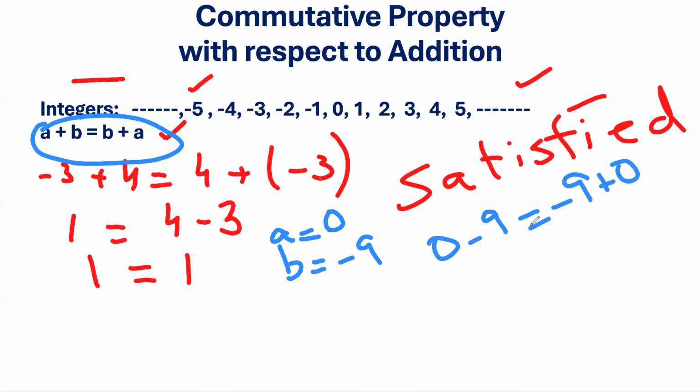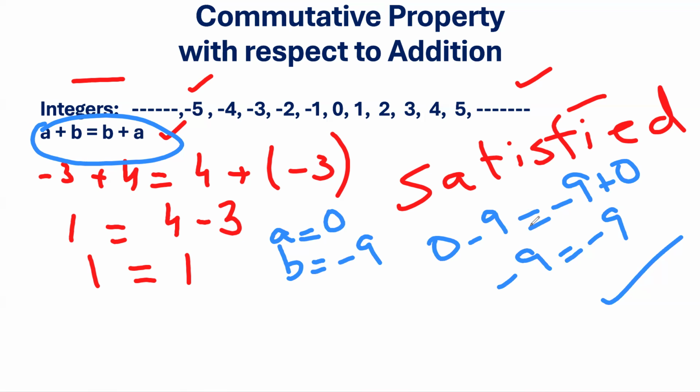A is 0. We have to check the left-hand side and the right-hand side is equal or not. -9 and -9 is equal to each other. So whatever example you can take from the set of integers, this property will always be satisfied. Which property? Commutative property with respect to addition.